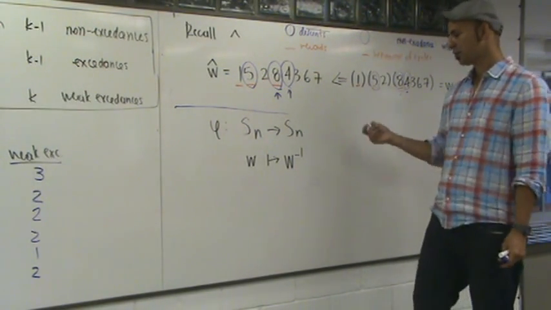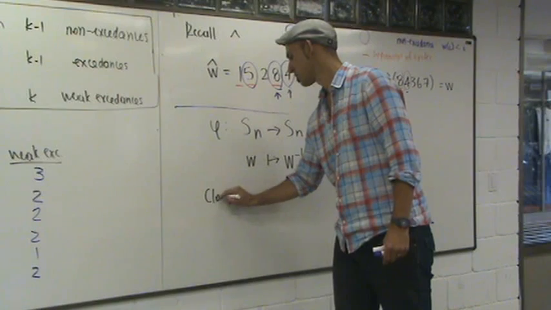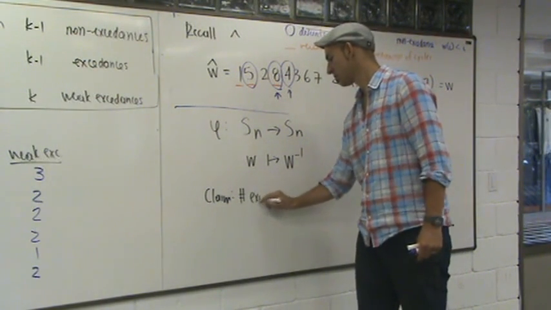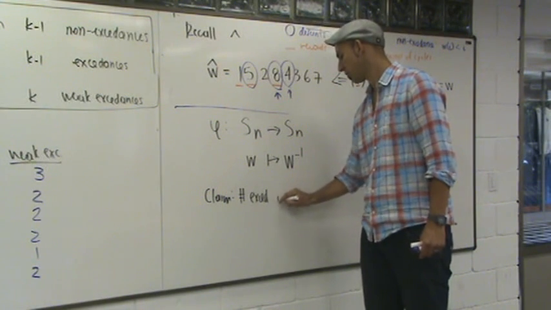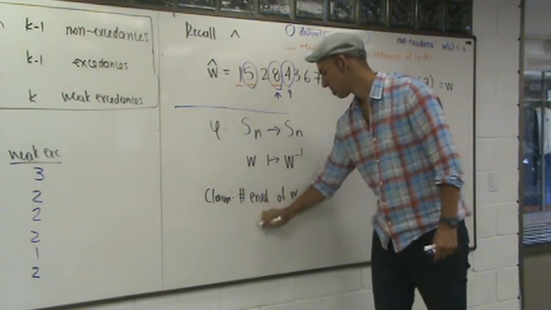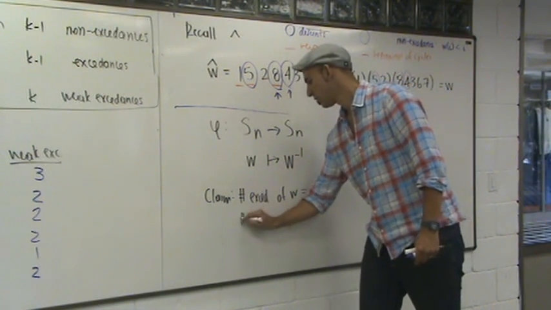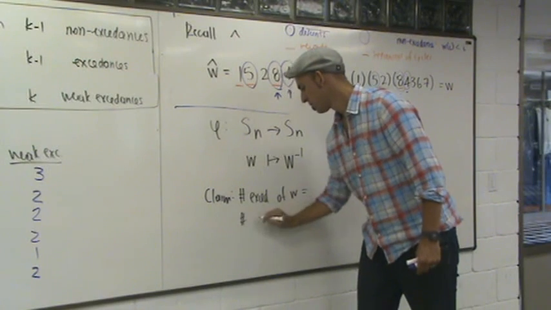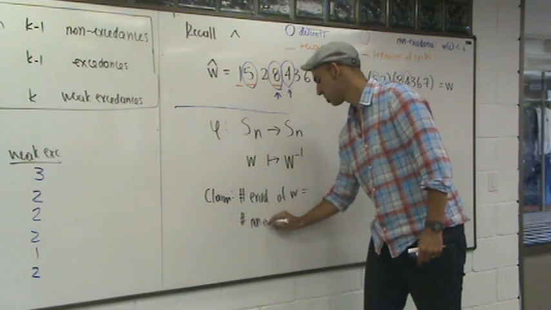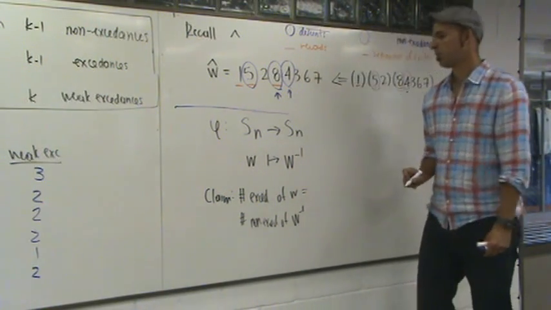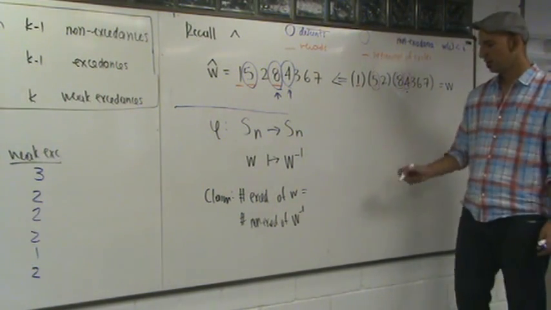And so the claim is that the number of exceedances of W is equal to the number of non-exceedances of W inverse. Why?